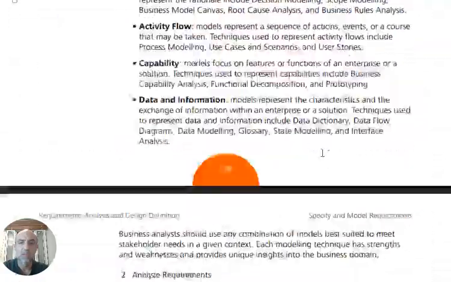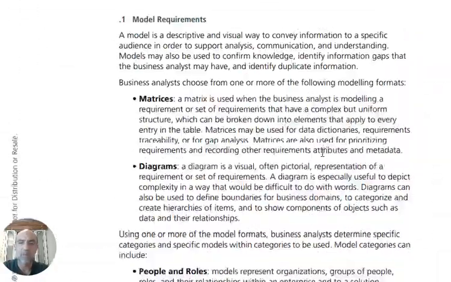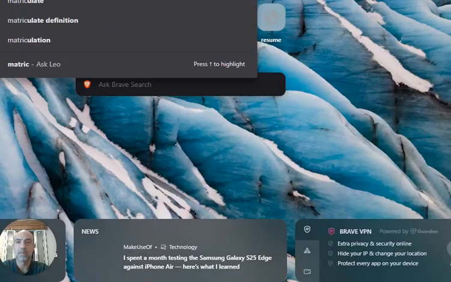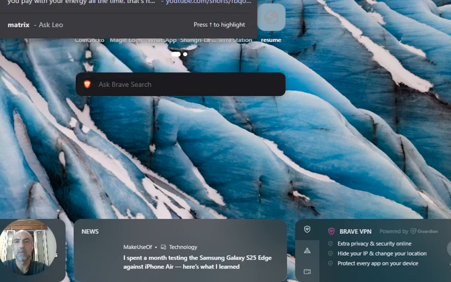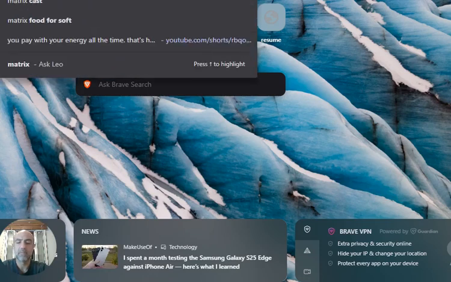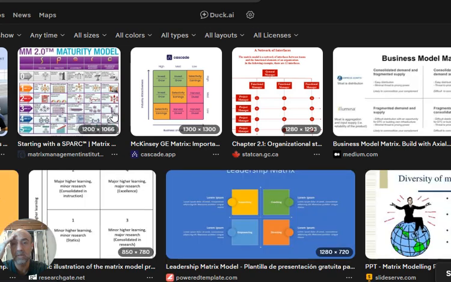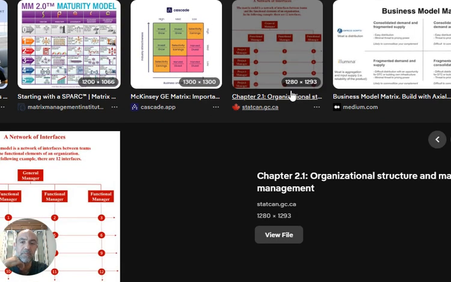But we're back to the formats where they're just explaining the tools. A matrix is basically a 2x2 grid or a 3x3 grid chart.